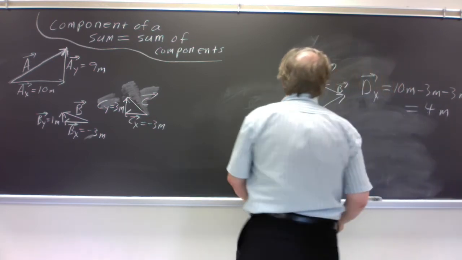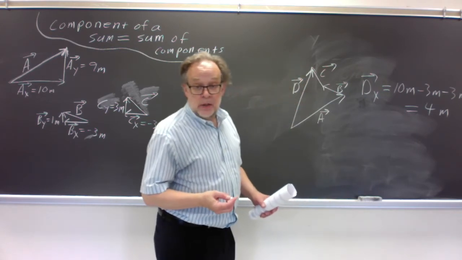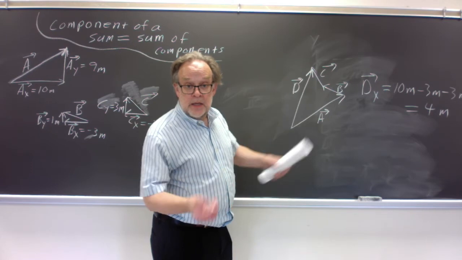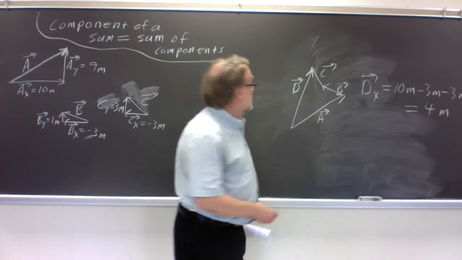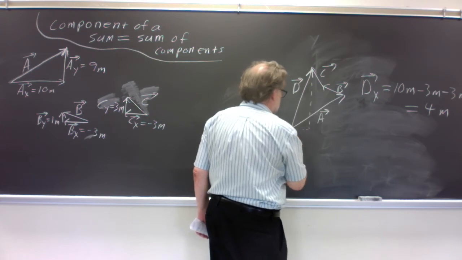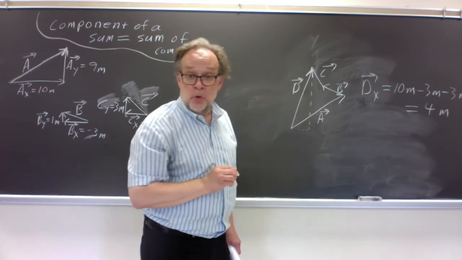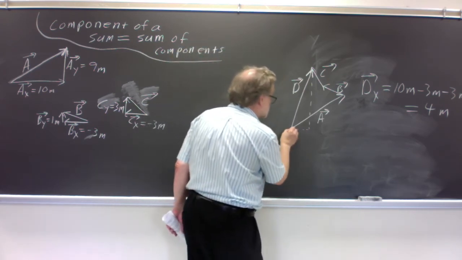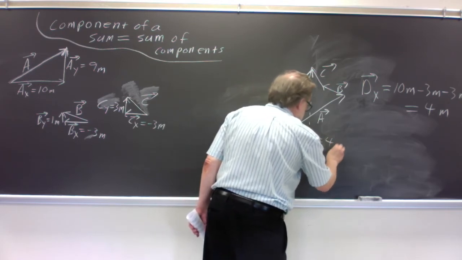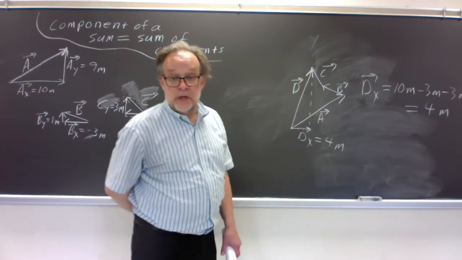That is, if we imagine the triangle that has D for its hypotenuse and the x and y components of D for the other sides, that triangle would look like this. And the x component of D would be that. And it has a magnitude of 4 meters.